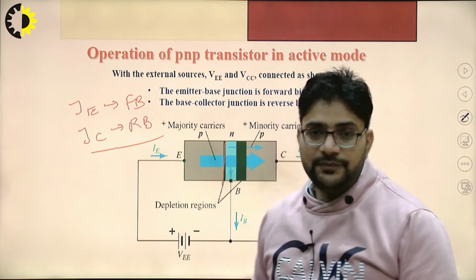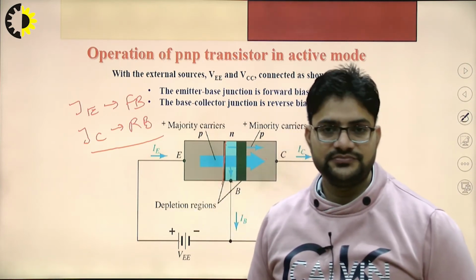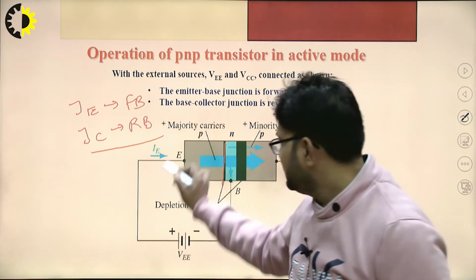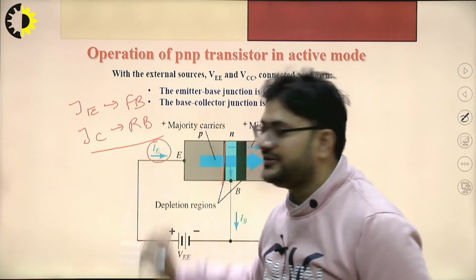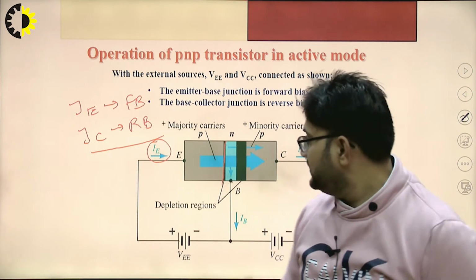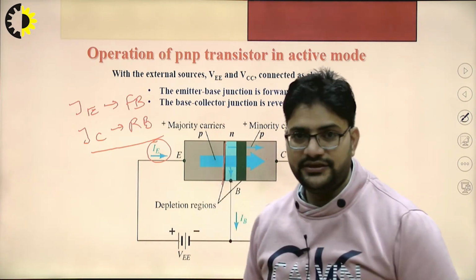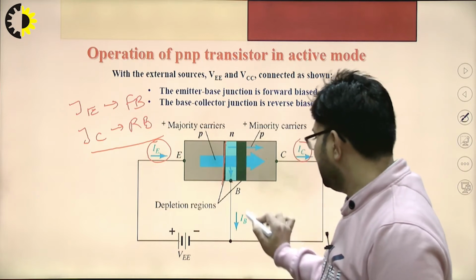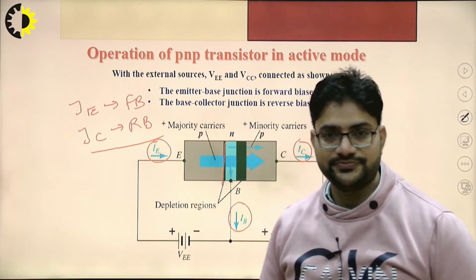This emitter will provide the majority charge carriers, and the corresponding current is IE, the emitter current. This emitter current will be further divided into the collector current and the base current.